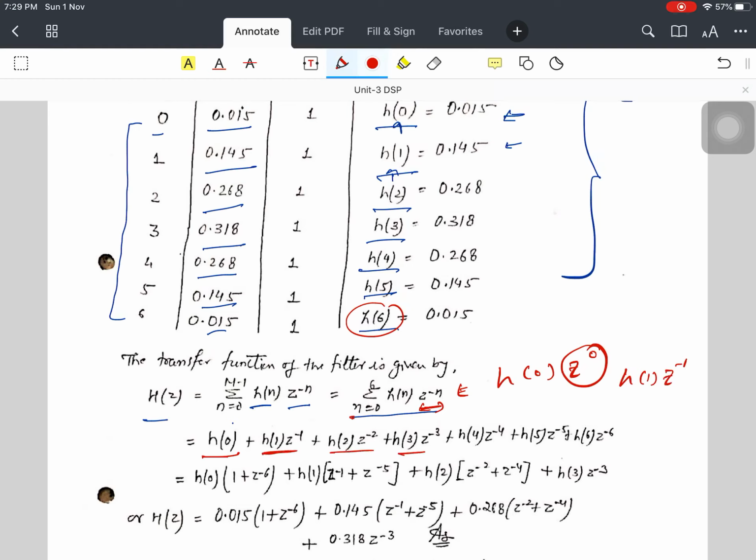In this manner we will get these values. We have h0, h1, h2, h3 because we have already calculated them from this table when we were designing it. So, just put these values over here. Finally, we will get this H(z).